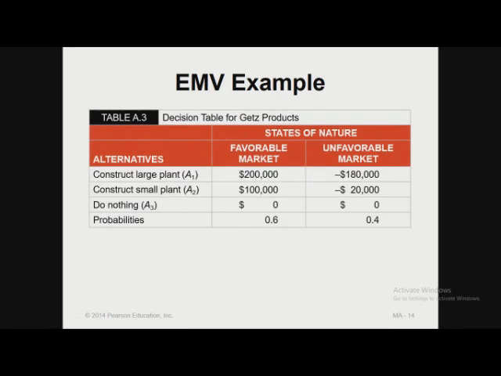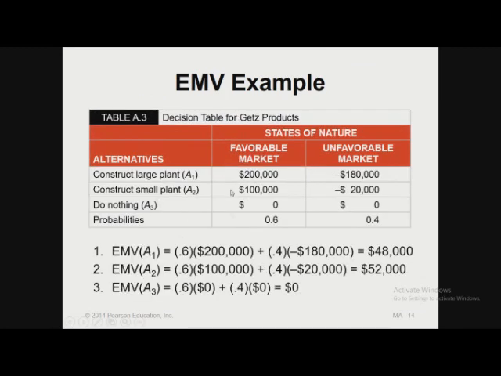So, given this example again, the business expert identified the probability for a favorable market of 0.6 or 60%. Then, pag unfavorable ang market, nag-identify siya nga 40% ang chances na mag-occur ang unfavorable market. So, meaning, 0.6 plus 0.4 equals 1, or 60% plus 40% equals 100%.